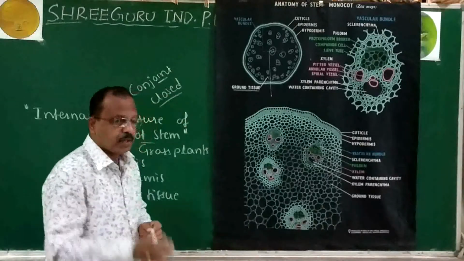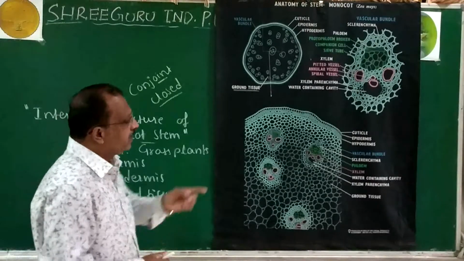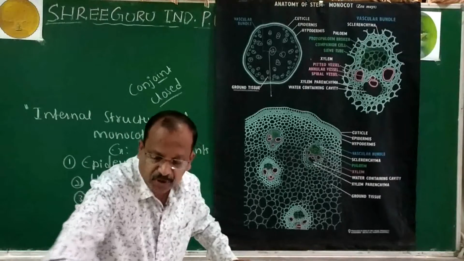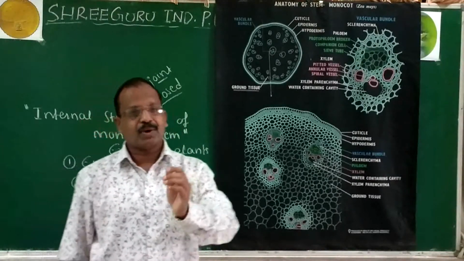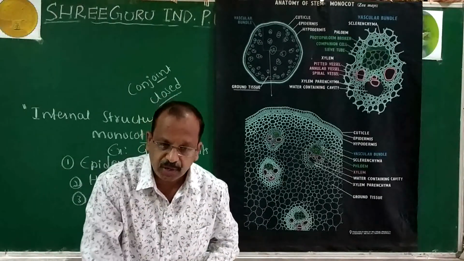In addition to that, you have to take care of some points related to vascular bundles. In a dicot stem, vascular bundles are arranged in the form of a ring.